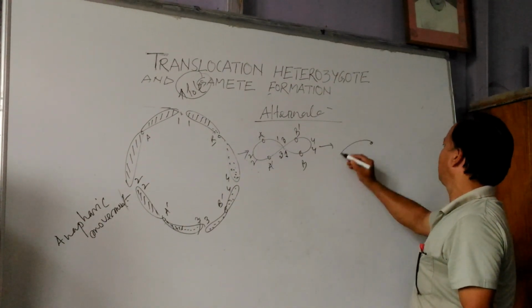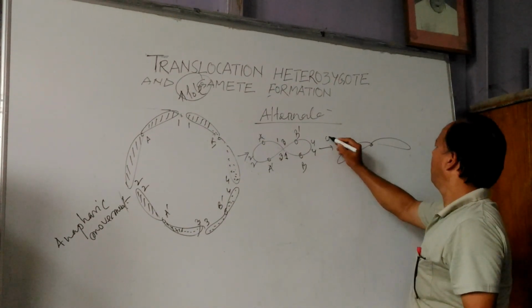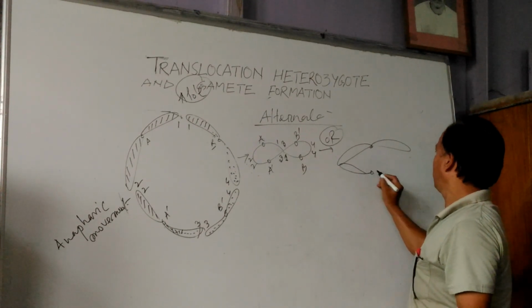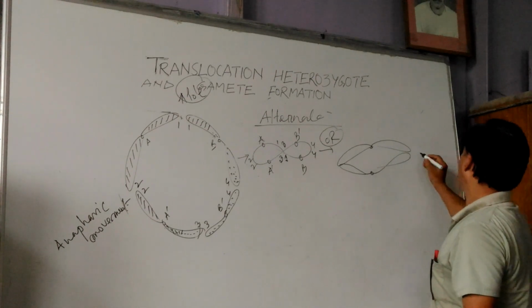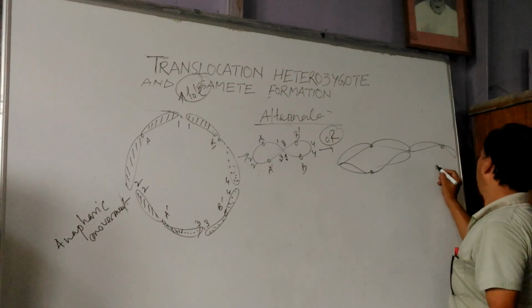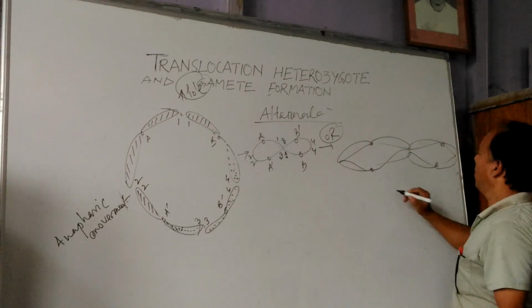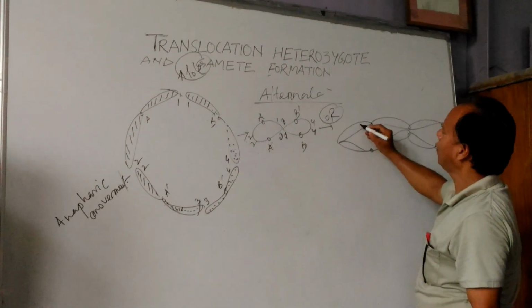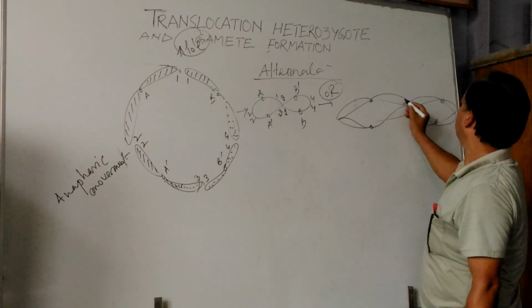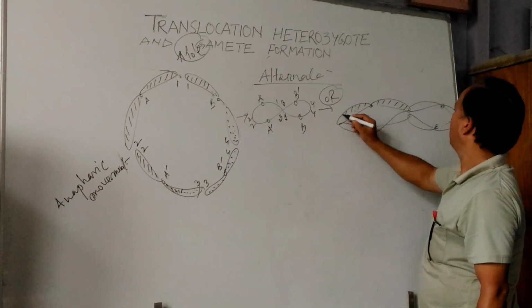Now I am going to draw this one elaborately. First chromosome of the left hand side, upper one, second one of the left hand side, the lower one, and this one is the next part where the two chromosomes are twisted.